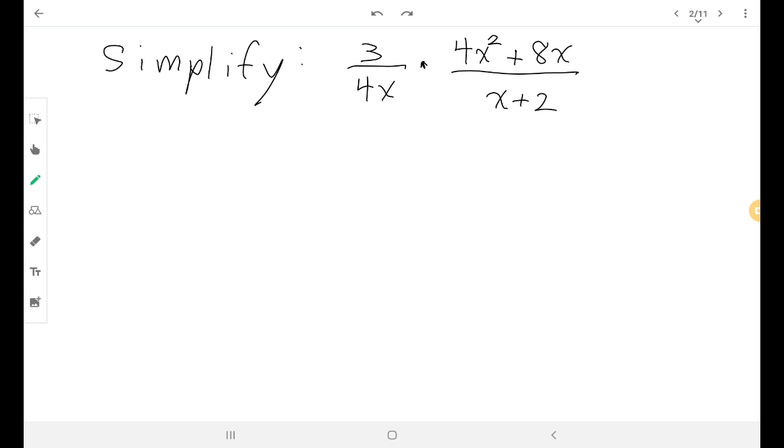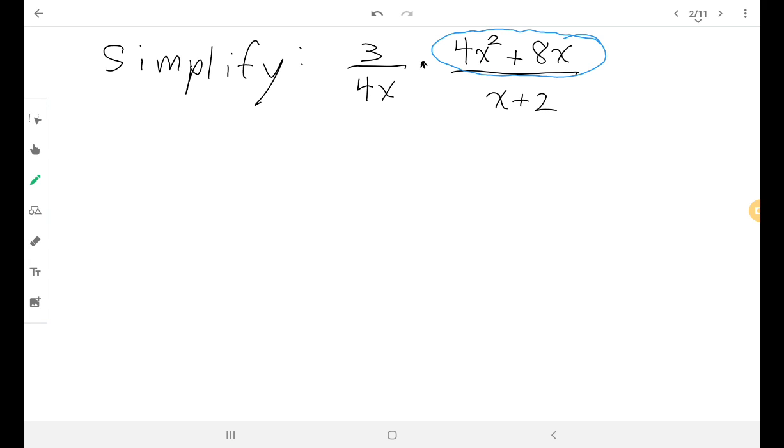But as long as it's multiplication, we can handle it. If we start throwing addition or subtraction in between two fractions, then we start having a much more difficult time. Okay? So let's look at what we can pull apart.